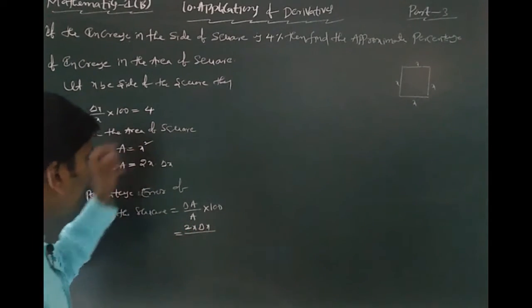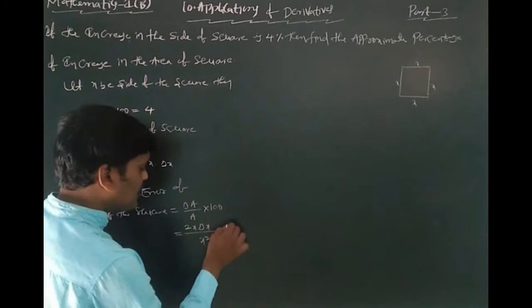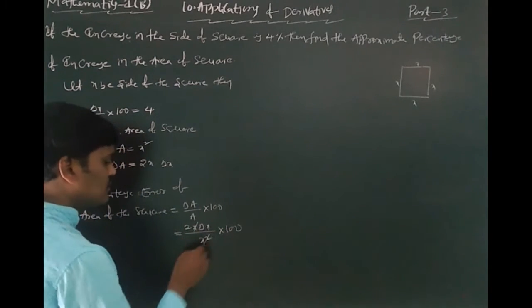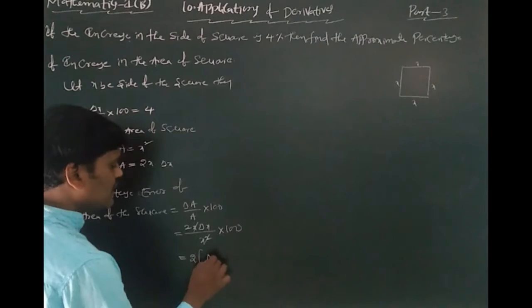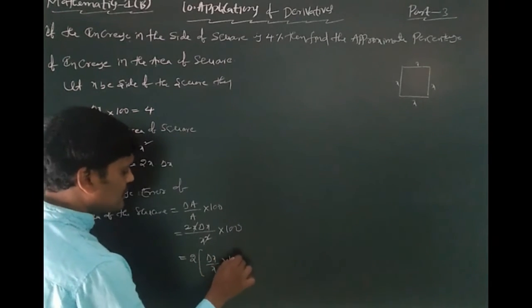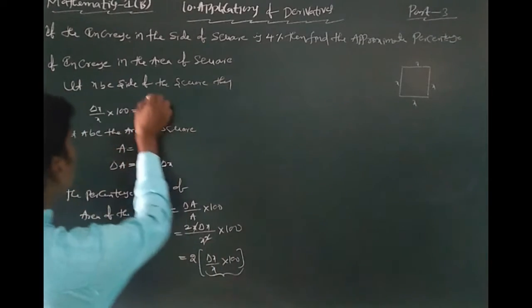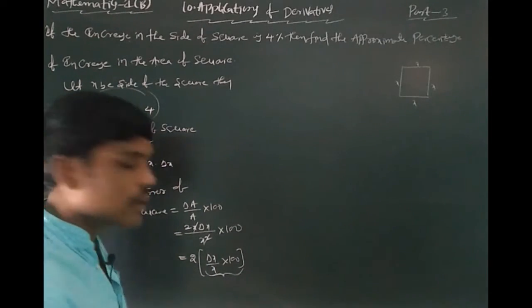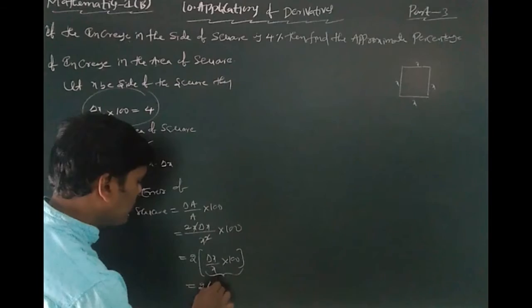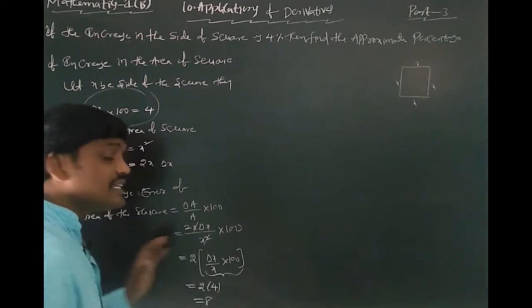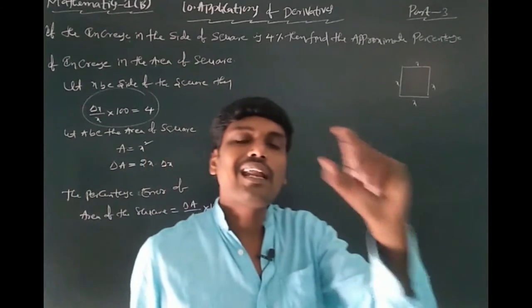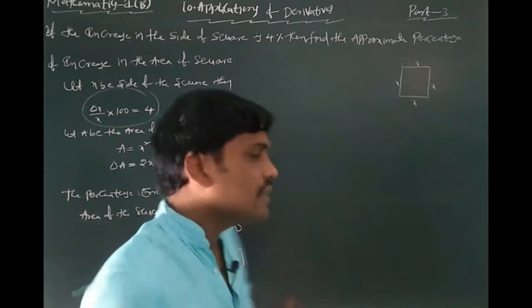But we know that A value is x square, into 100. Here one x gets cancelled. 2 into delta x by x into 100. What is the value of delta x by x into 100? You know that delta x by x into 100 is 4. That's why you can write 2 into 4. You get the percentage error of the area of the square.